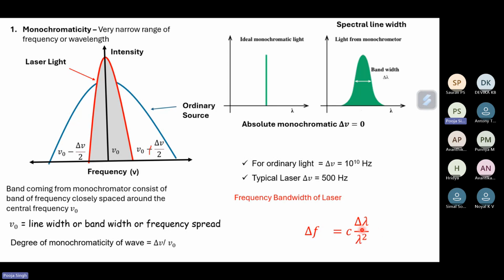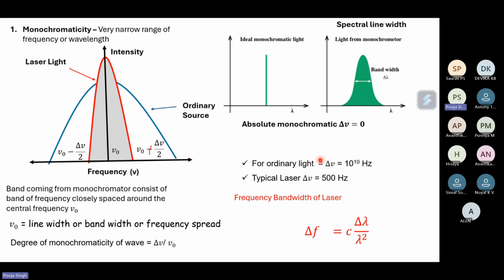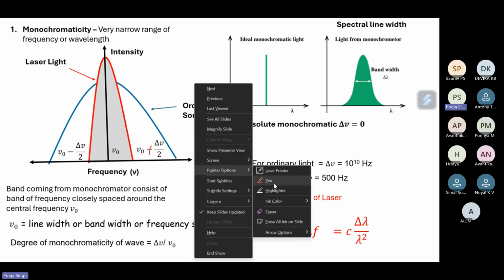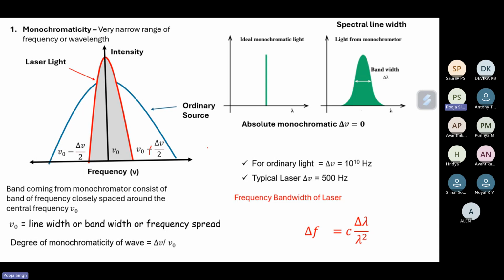Okay, so how is this formula basically coming? If you have to derive it, we know that nu is equal to c by lambda, right?